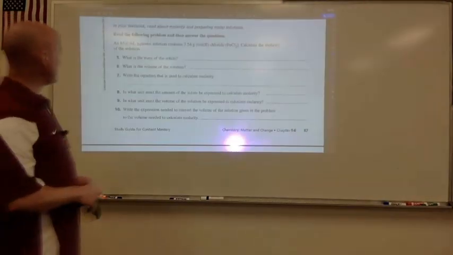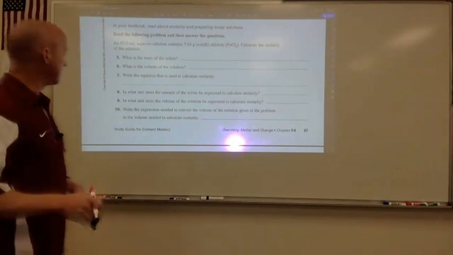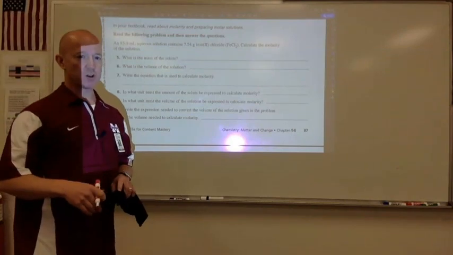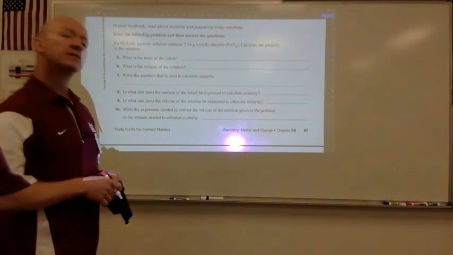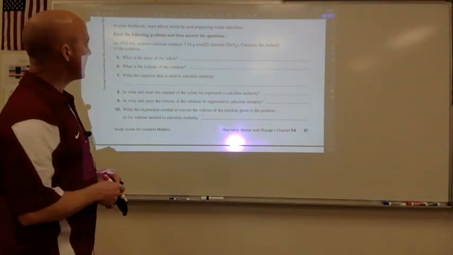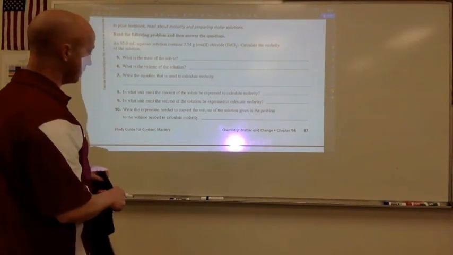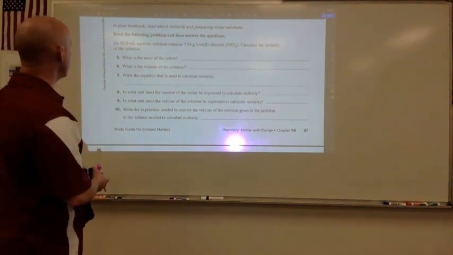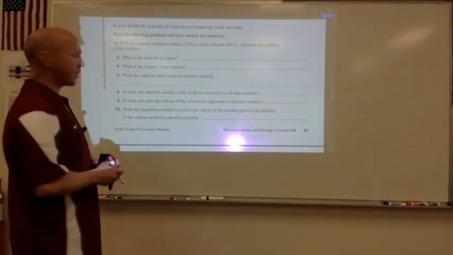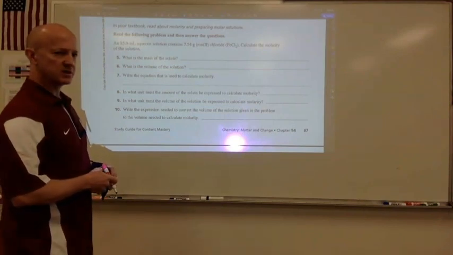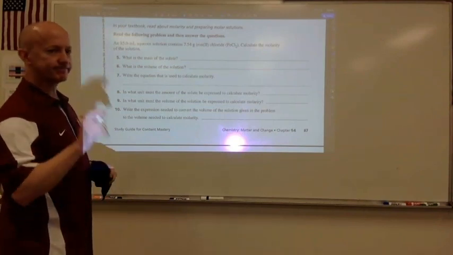Bottom half of the page now. In your textbook, read about molarity, or you can just watch the incredible video from earlier, and preparing molar solutions. Read the following problem and then answer the questions. Well, that's what we're here to do. An 85 milliliter aqueous solution, which means it's dissolved in what? Water.